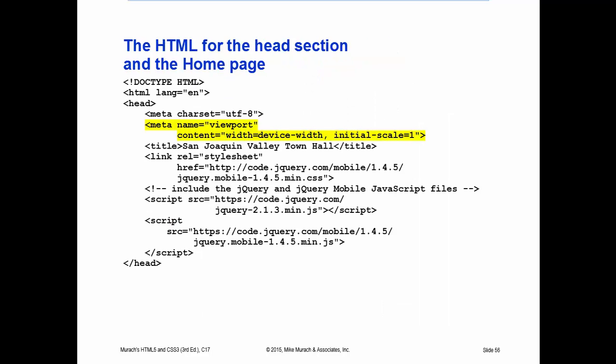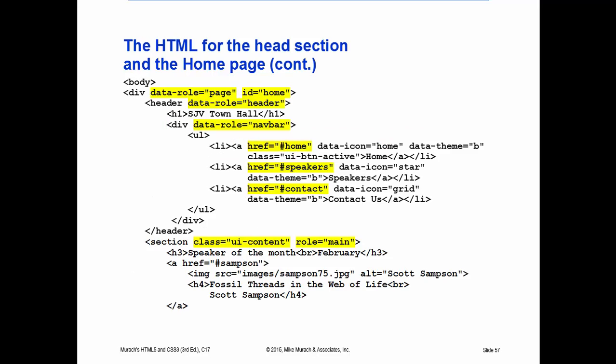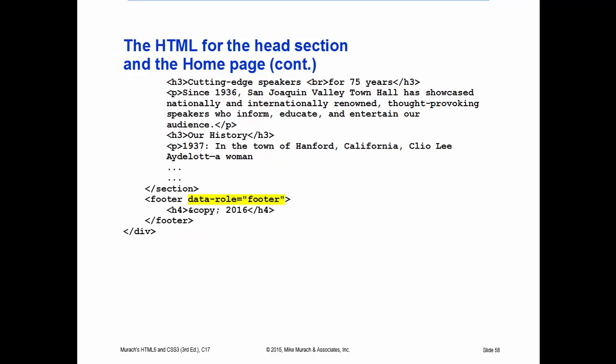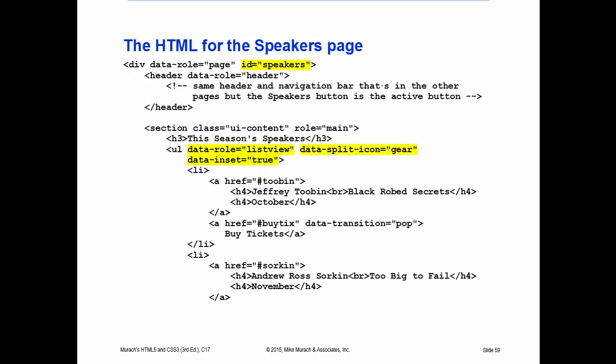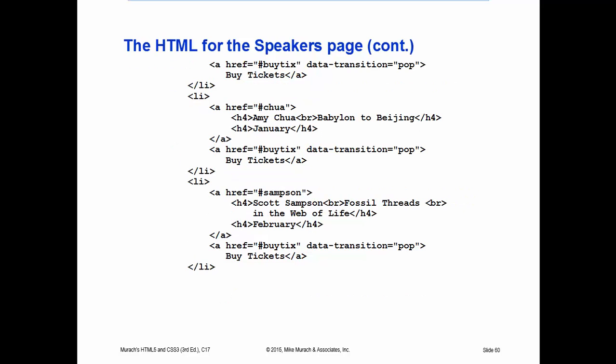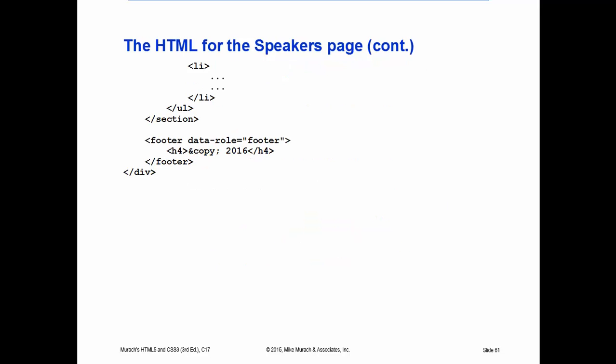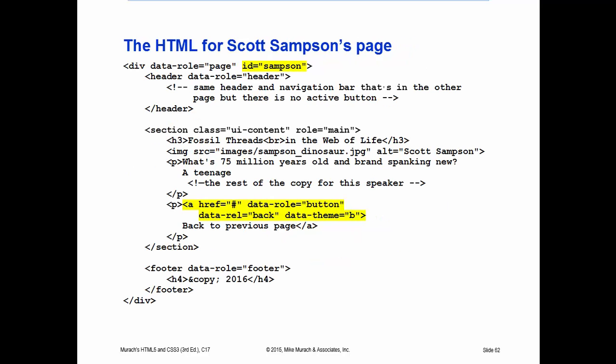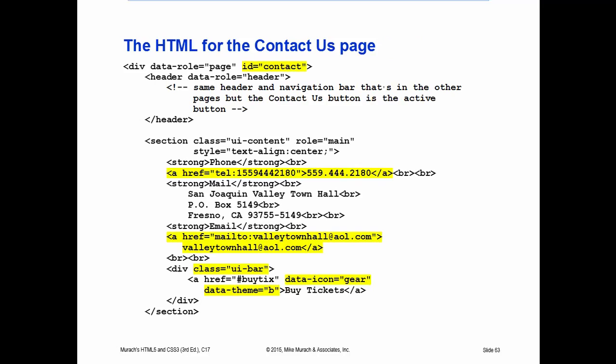The associated HTML is shown on page 593, and in this slide, and the next ones. Here's the HTML. That was the HTML for the head section in the home page. Then we get the HTML for the speaker page. Then we're shown the HTML for Scott Sampson's page and for the Contact Us page.